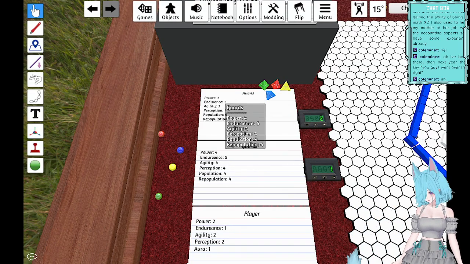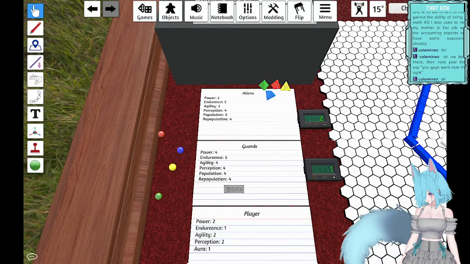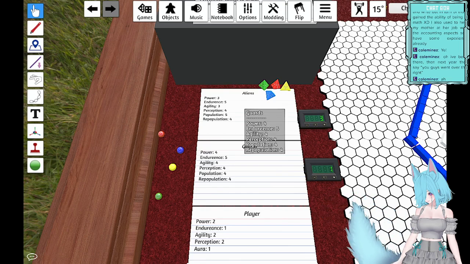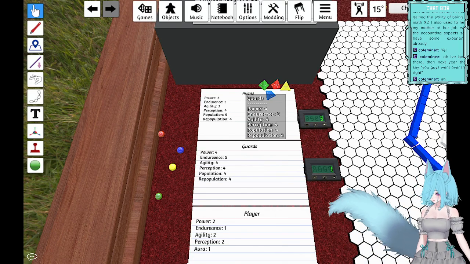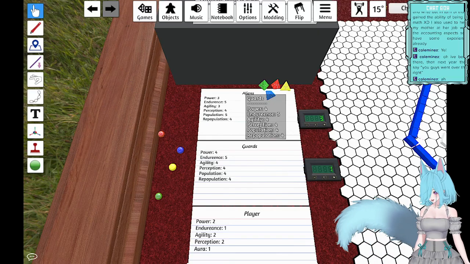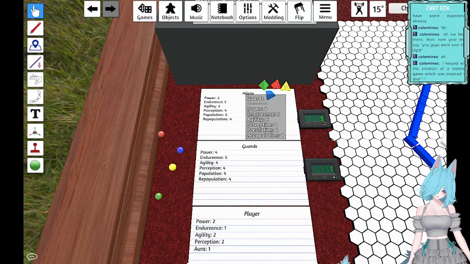Guards lose 1. Agility versus agility. Aliens lose 1. Perception versus perception. Nobody loses. We made the guards too strong.